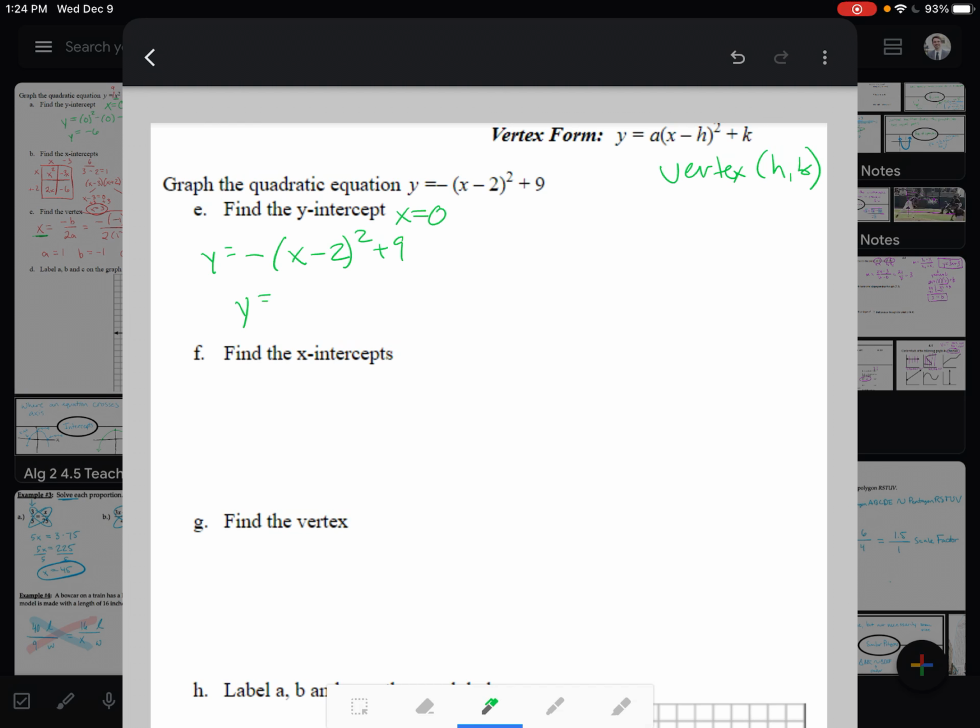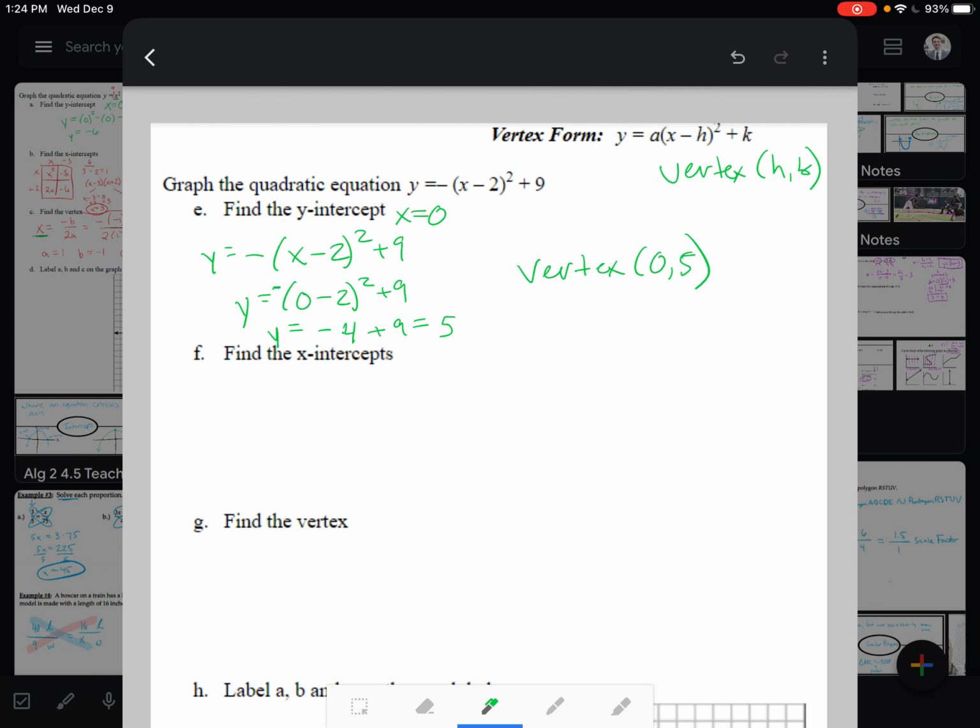So we have to plug in minus 0 minus 2 squared plus 9 to find what our y value is here. So that'll be minus on the outside, 4 on the inside, because -2 squared is 4, plus 9, or just 5. So our y-intercept equals 0, 5.